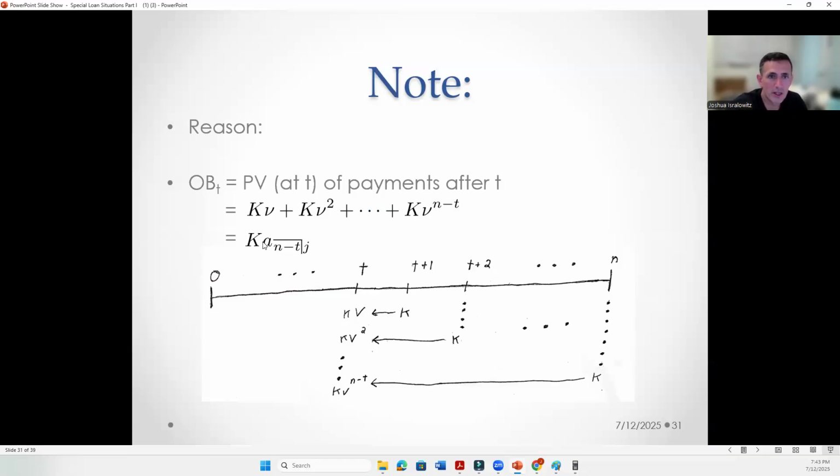And this still gives me the formula. This is literally the present value from T plus 1 to N of this annuity here, this annuity immediate, first payment at T plus 1, first payment period T to T plus 1. So it's the present value at time T. Right.